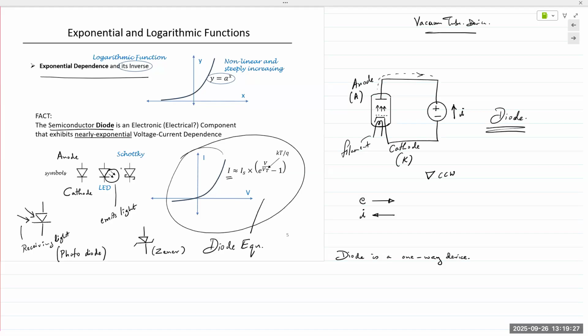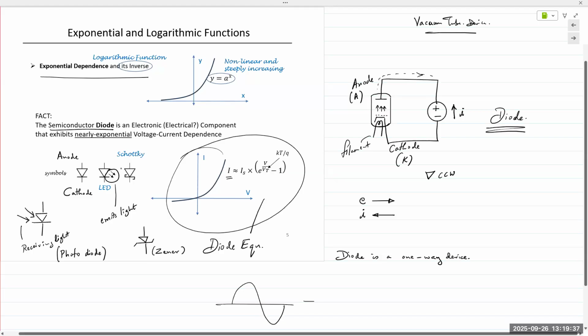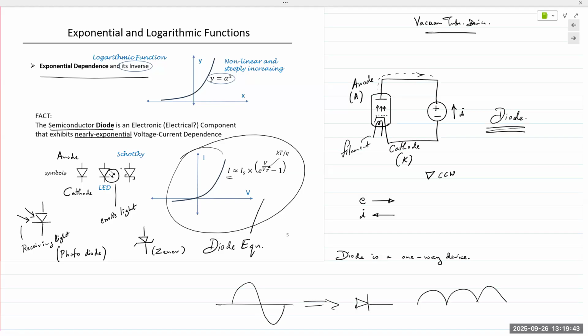And a diode's most common and most important application is in rectification, because it conducts in one direction. You have AC, which moves in both directions, and you feed that into a diode, it'll only allow current to flow in one direction, it doesn't allow it in the other direction. That's the absolute first step in any rectifier circuit, in any adapter, any charger.